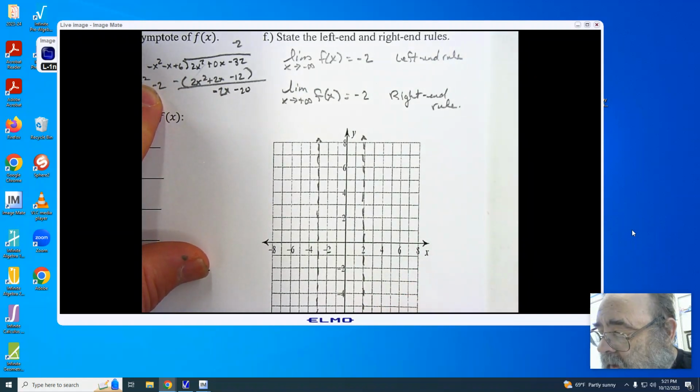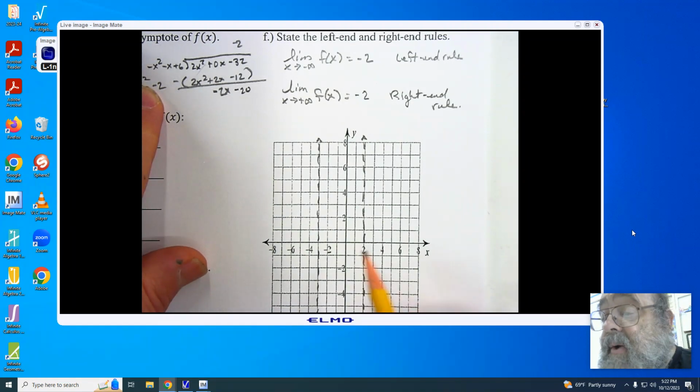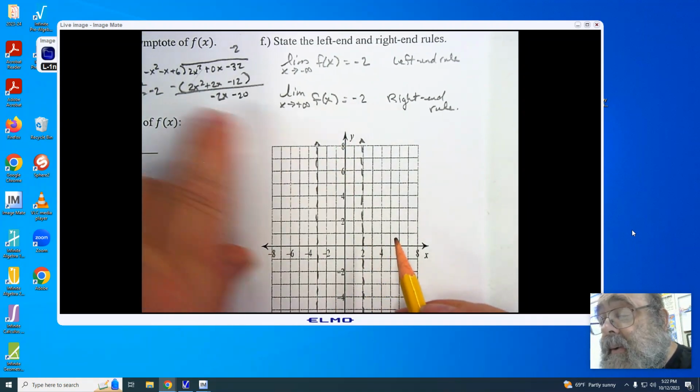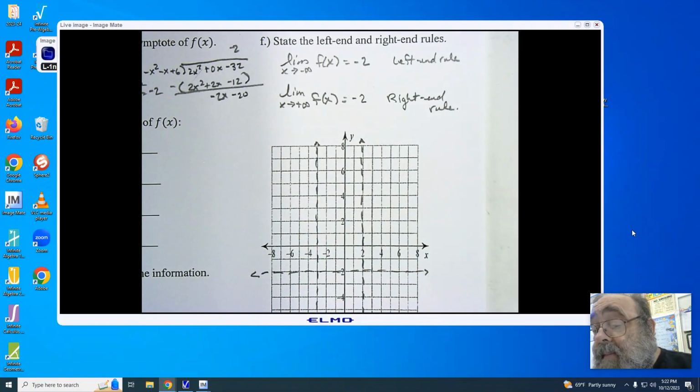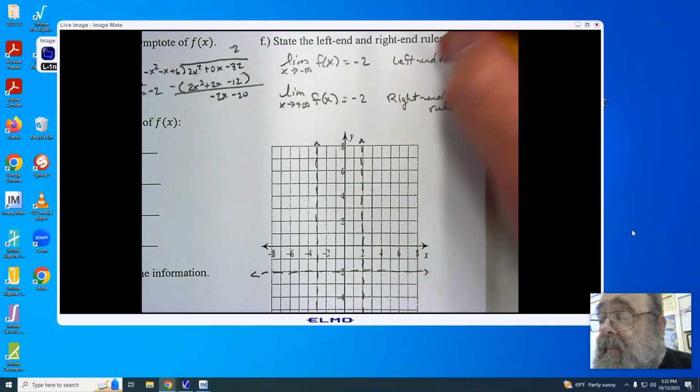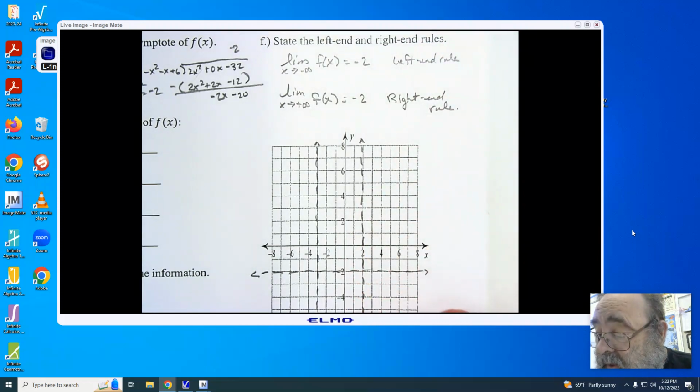Make sure we label them. Then we do our horizontal asymptote. That's at -2. There's -2. Then I put in my y-intercept. This is approximately -5 1/3. So right about here.